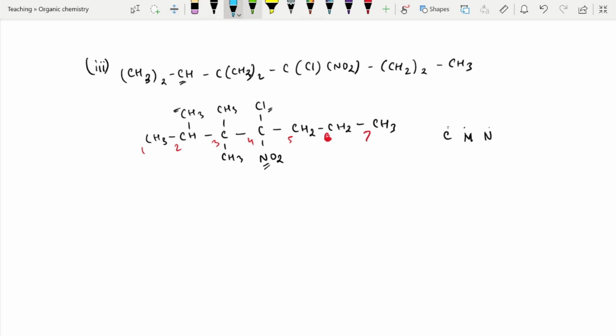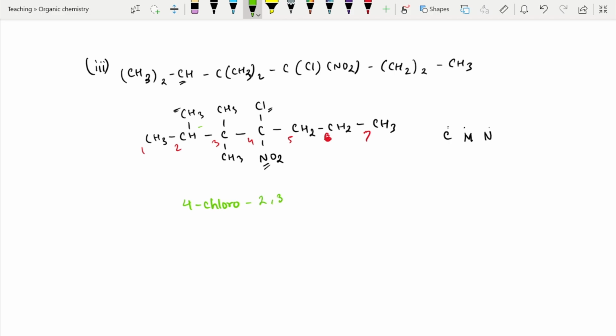We have to name the chlorine first. The chlorine is connected with number 4 carbon, so this is 4-chloro. Then we find methyl groups, right? One is connected with number 2 carbon.